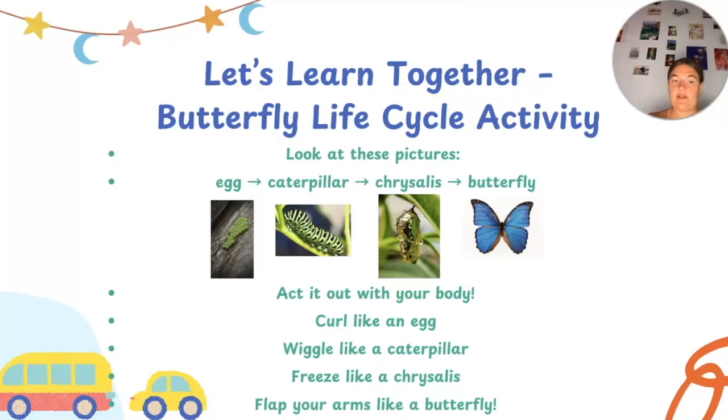Then we're going to wiggle like a caterpillar crawling. Then we're going to freeze like a chrysalis hanging. And then you're going to flap your arms like a butterfly flying. Great job, guys. This is a multi-sensory way to learn vocab and concepts.